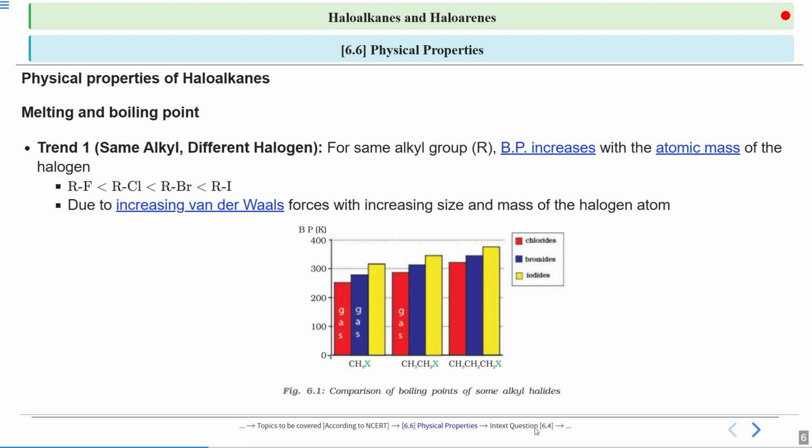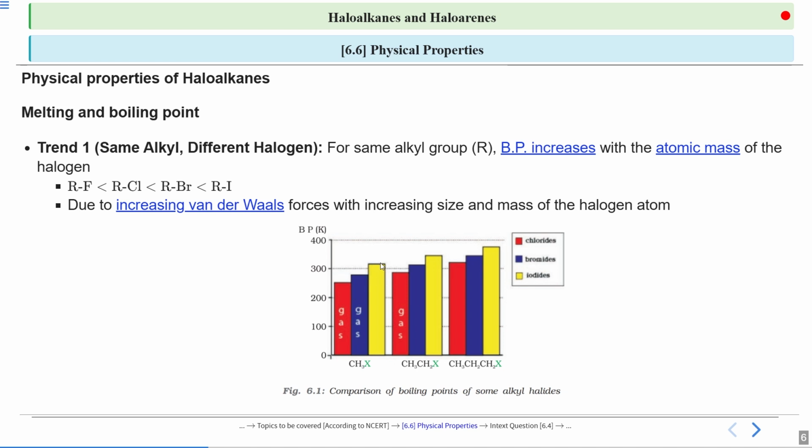You can see that if you compare between these three, the red graph in all three alkyl halides is the lower one, and the yellow graph is the higher one. Comparatively, in between the molecules, the red graph is at the lower range and the yellow graph is at the greater range.